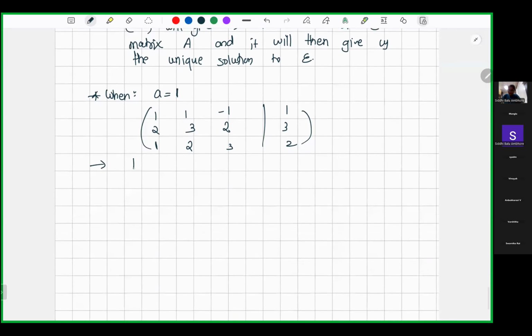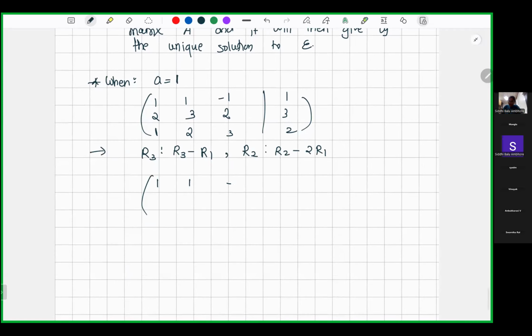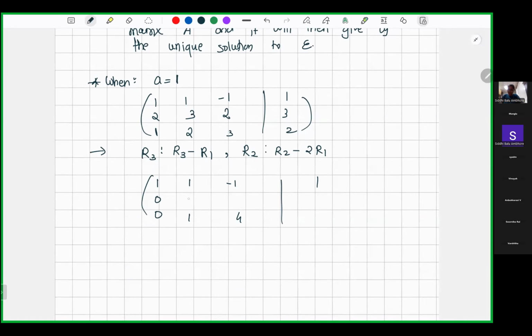I again have to make R3 equal to R3 minus R1, and R2 equal to R2 minus R1. I will get 0 here. R3 minus R1: 2 minus 1, 1, 3 minus minus 1, 4 here. And here it was 3 minus 2, that is 1.